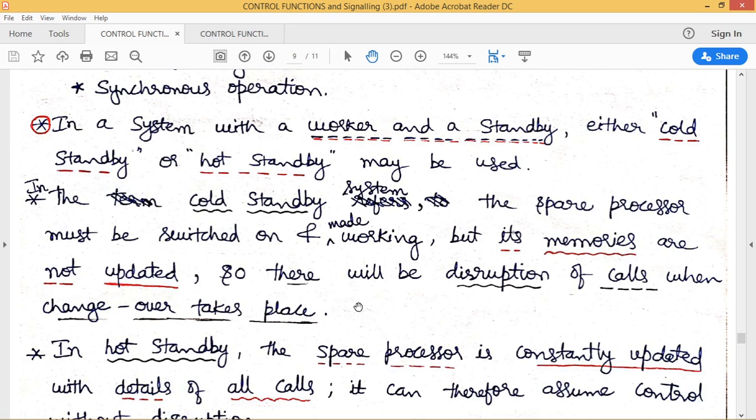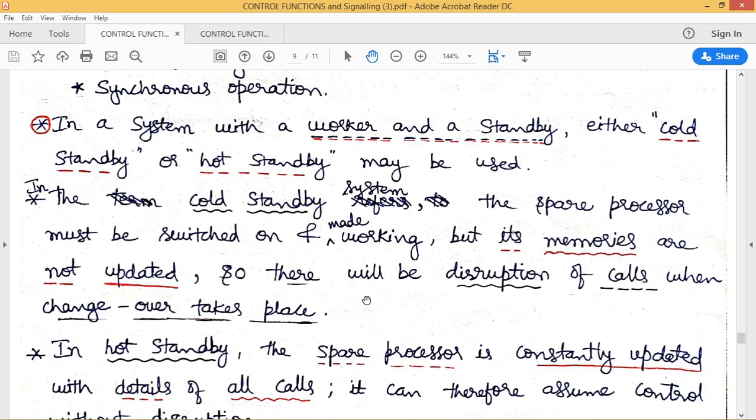Once the first processor fails, the second processor must continue the operation. But since the memory is not updated in the second processor, there will be disruption of calls. Whatever calls were handled by the first processor will all be terminated when the changeover takes place.